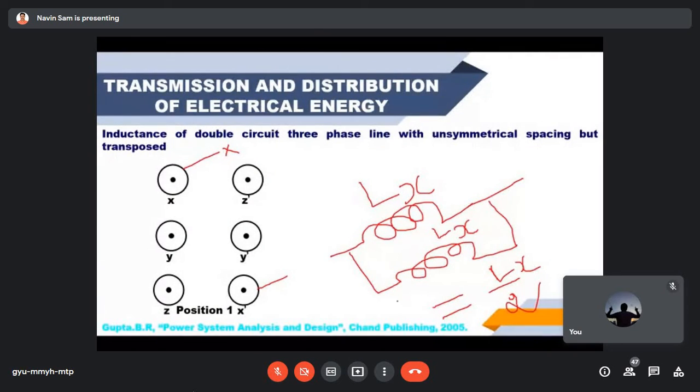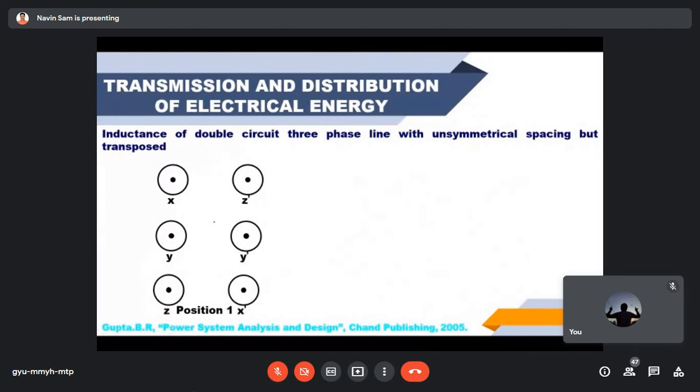Right? So with this, I would like to start the derivation. I am going to consider only this X for deriving the inductance. If I am able to derive the inductance of X, it will be the same as that of X dash.